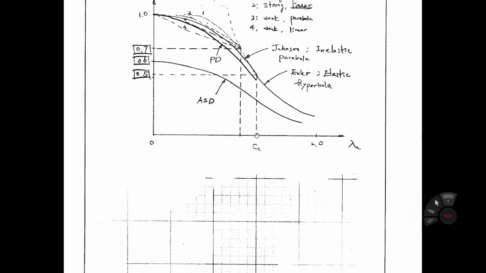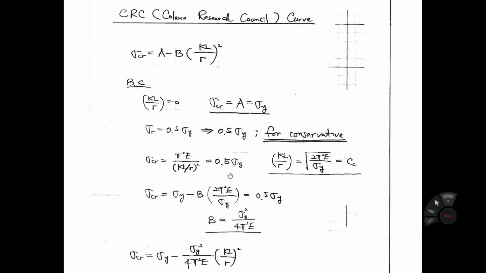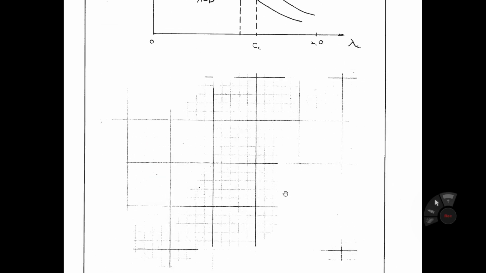We have to calculate this CC. So as you see, this Euler buckling stress is 0.5 sigma y. From that equation, we can get the CC value. Here, sigma CR, the Euler buckling stress, is equal to 0.5 sigma y. Then you can calculate the slenderness ratio from this equation. It is called CC. So this point is CC.